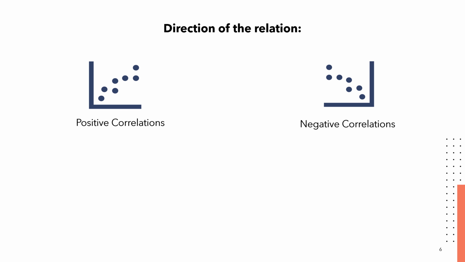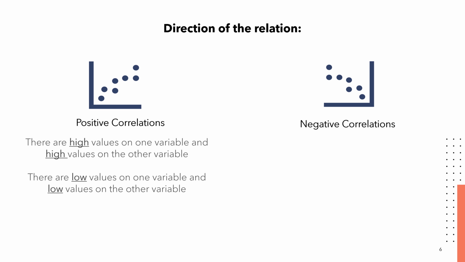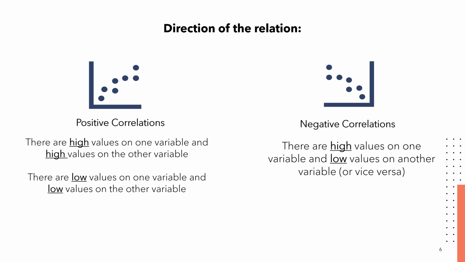Starting with the direction of the relation, there are positive and negative correlations. Positive correlations have variables that trend in the same direction. This means that people who have high values on one variable also have high values on another variable. But this also means that people who have low values on one variable also have low values on the other variable.